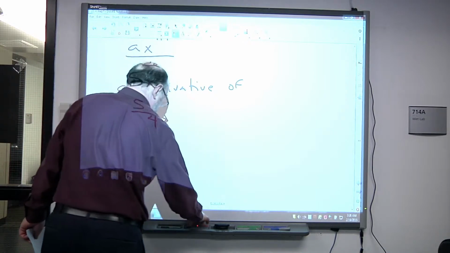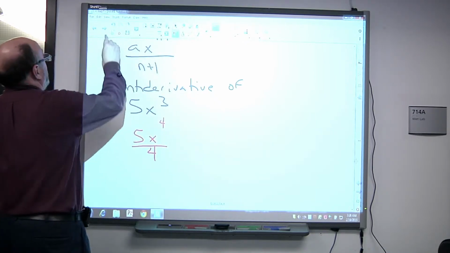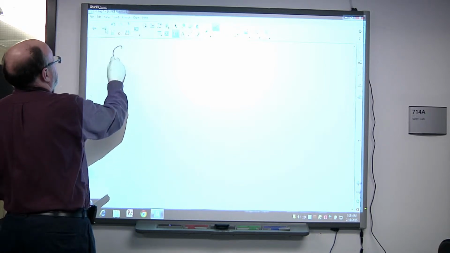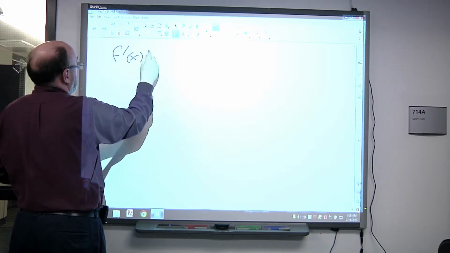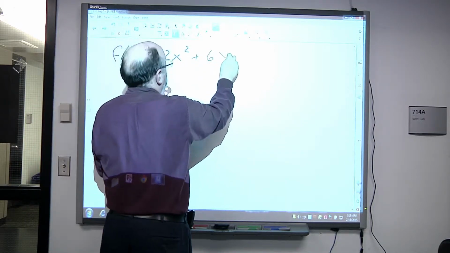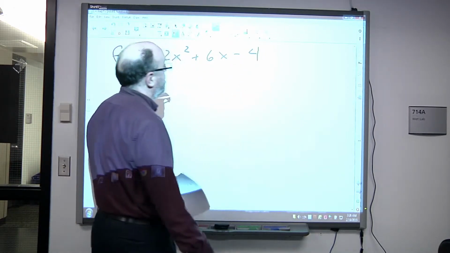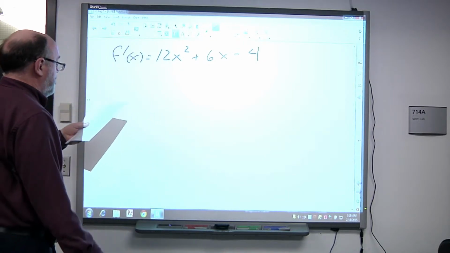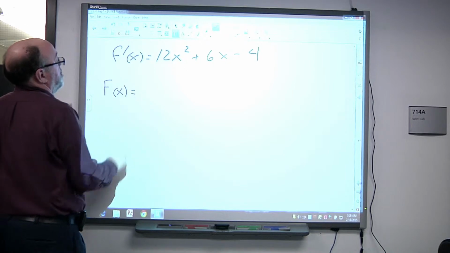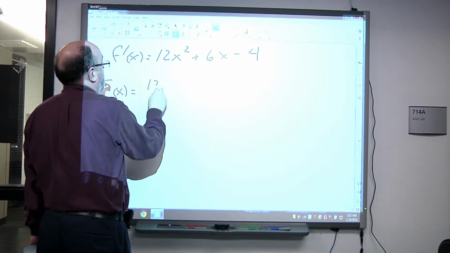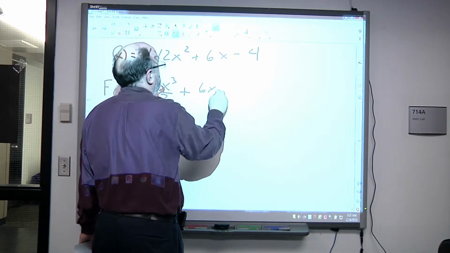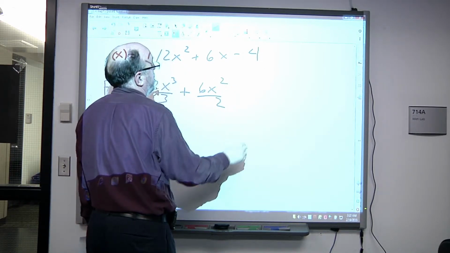So now we're starting with the derivative, and we want to know what was the original function. So for example, if I tell you the derivative was 12x squared plus 6x minus 4, and we want to know what is the original, well, the original now will be 12x cubed over 3, 6x squared over 2.